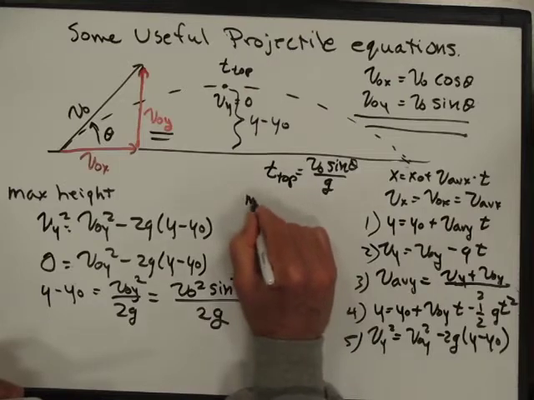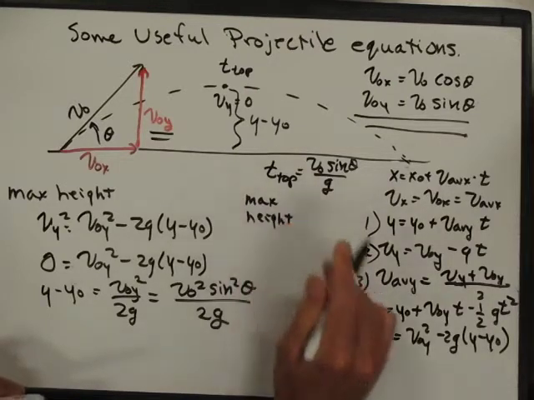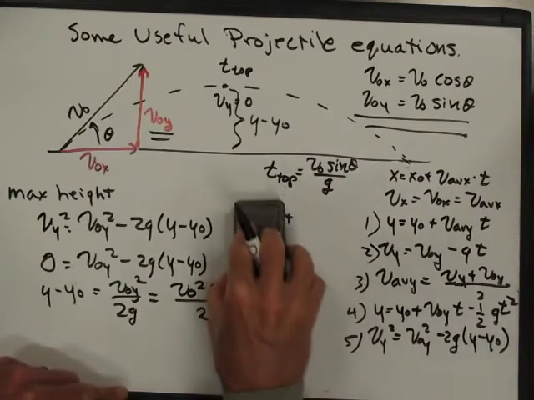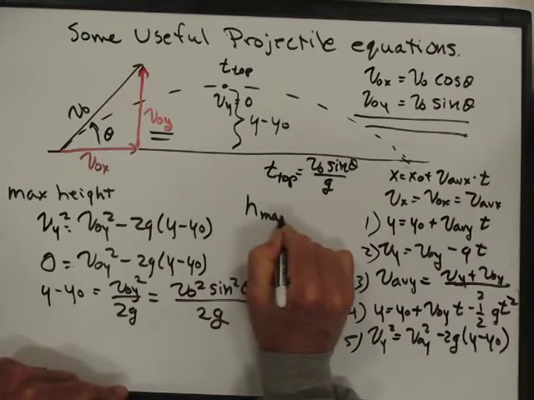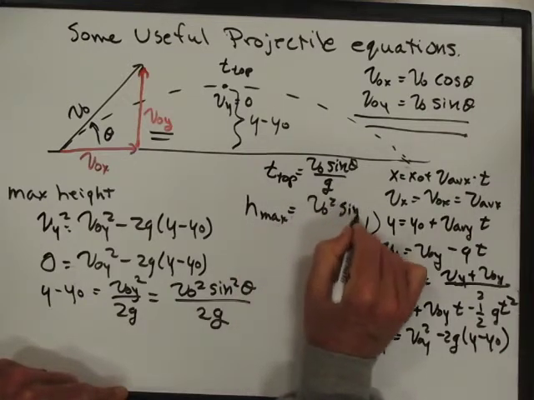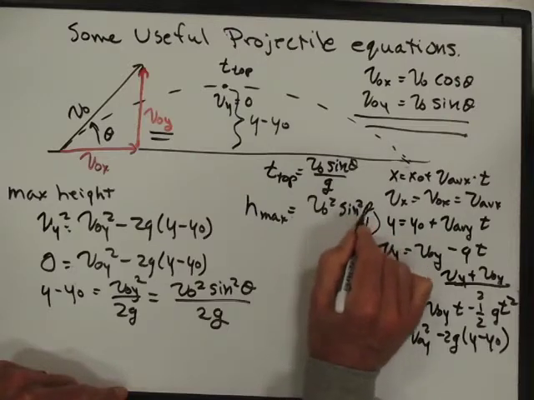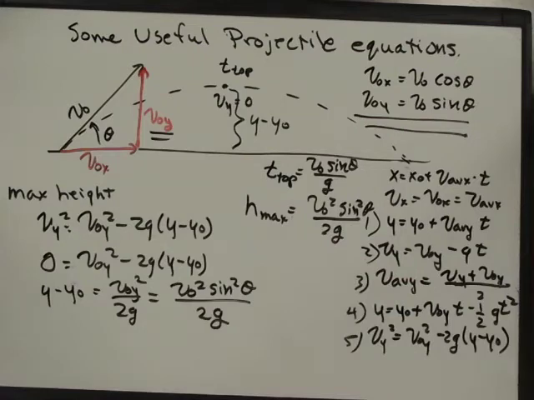Maybe I'll write it this way. H max is equal to v naught squared sine squared theta over 2g. Right.